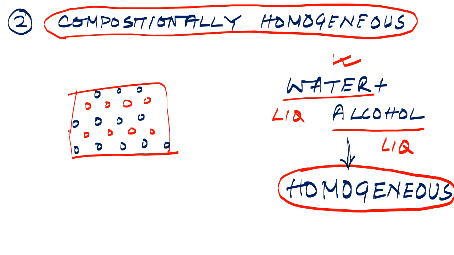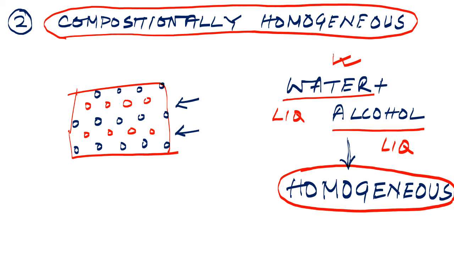This homogeneity has to be maintained everywhere. Any part of it is compositionally homogeneous, and whatever the crystal structure of the host material, that has to be maintained. Then only you can say yes, a solid solution is formed.